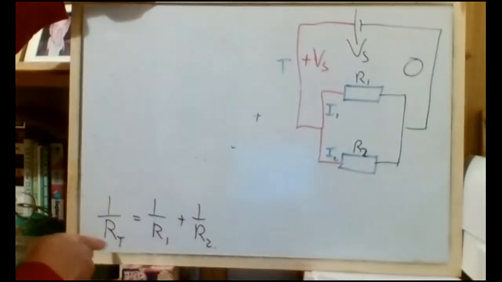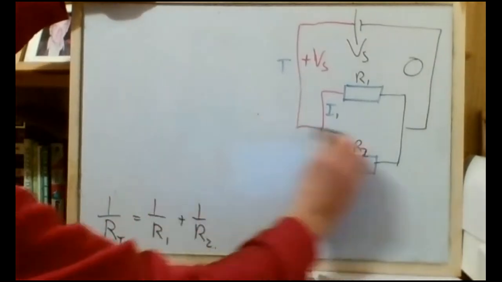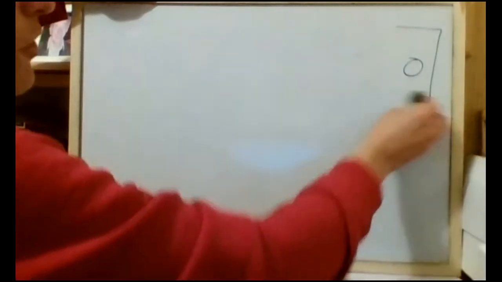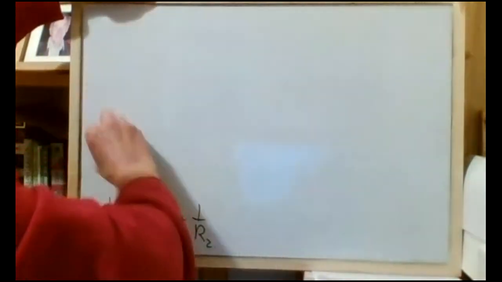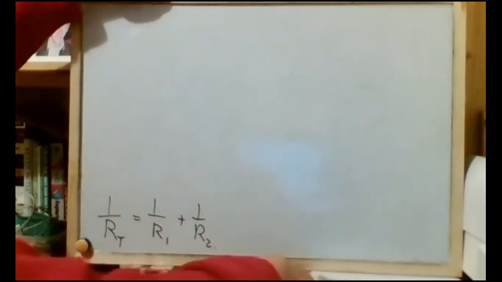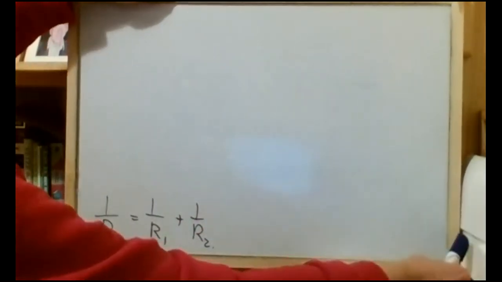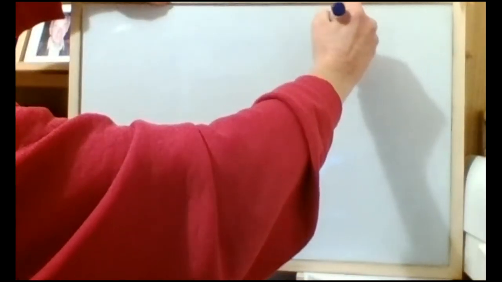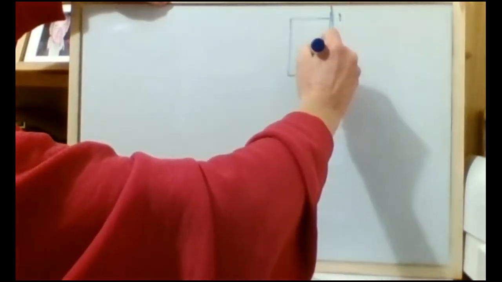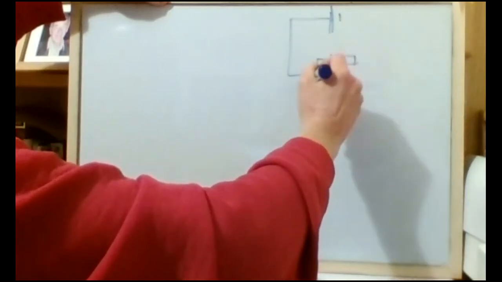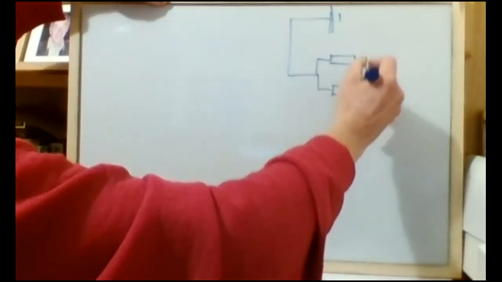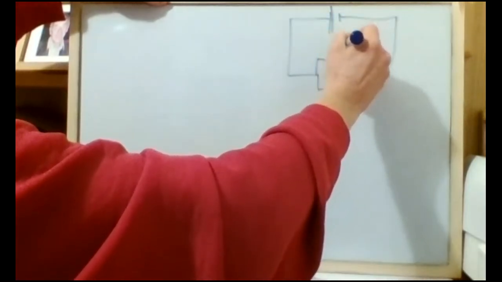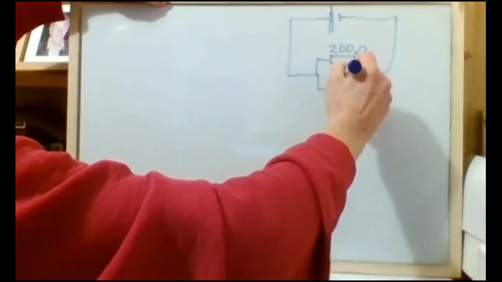So again, this is the important equation. This is the one we're going to apply, particularly in the first part of the calculation. So I'm just going to redraw the circuit. It's a parallel circuit with R1 and R2, so we've got 200 ohms and 100 ohms.